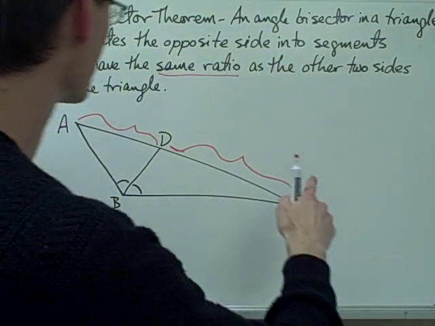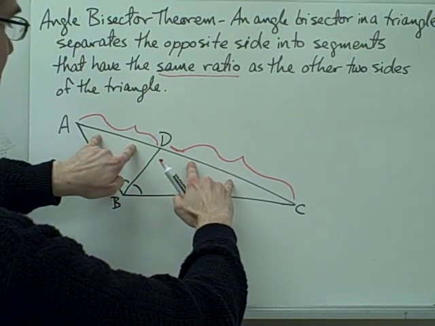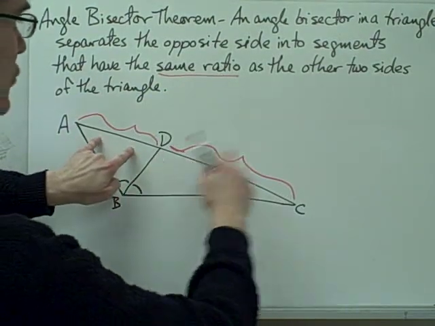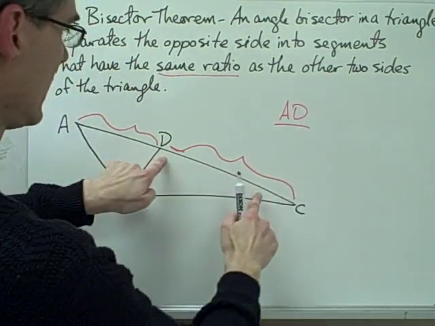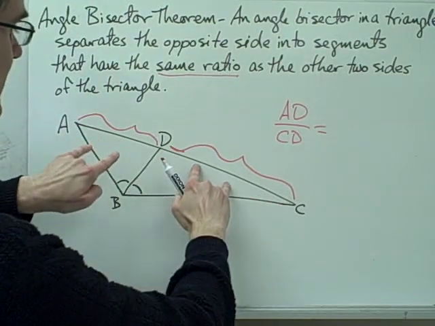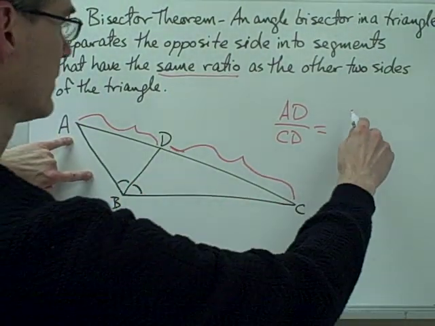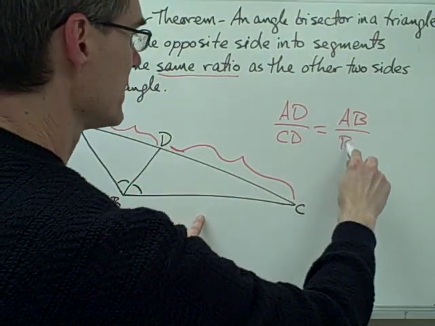So specifically what it's saying is that side AD and side CD, they have the same ratio as AB and BC.